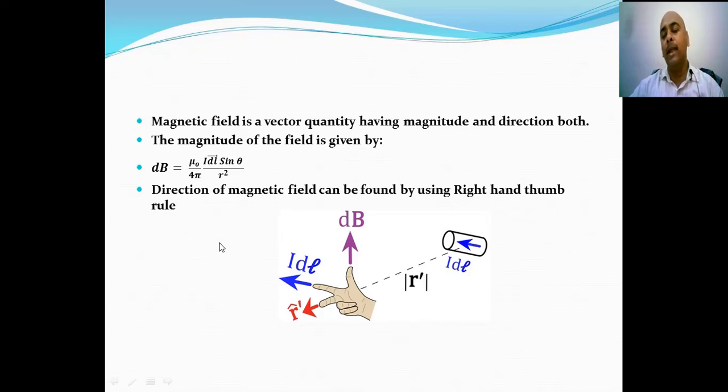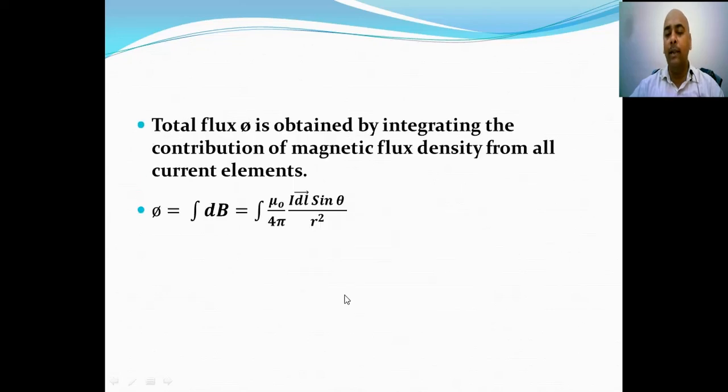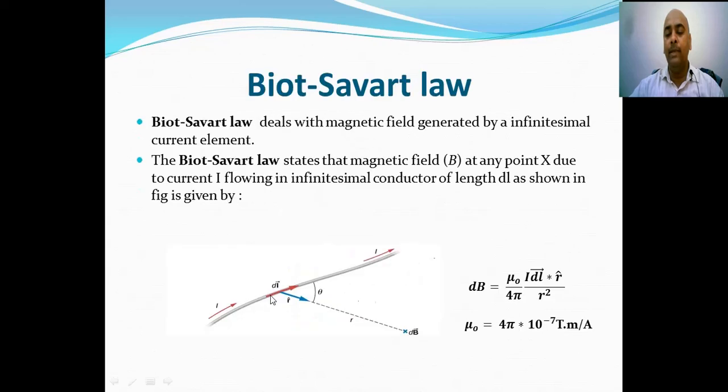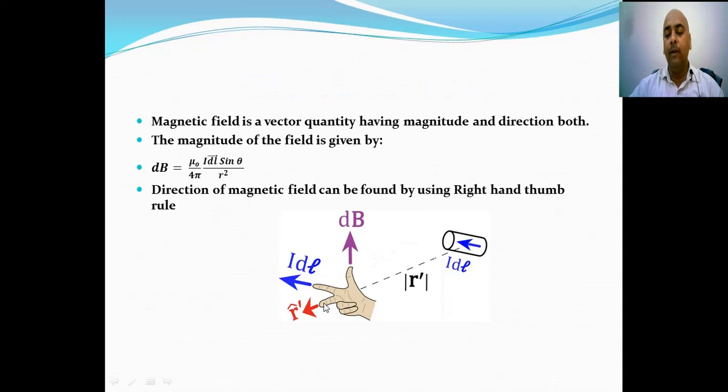So as per the right hand thumb rule, if the forefinger points in the direction of the current element, that means in the direction of IDL, and the middle finger points in the direction of the radial vector, then the thumb will indicate the direction of the generated magnetic field.